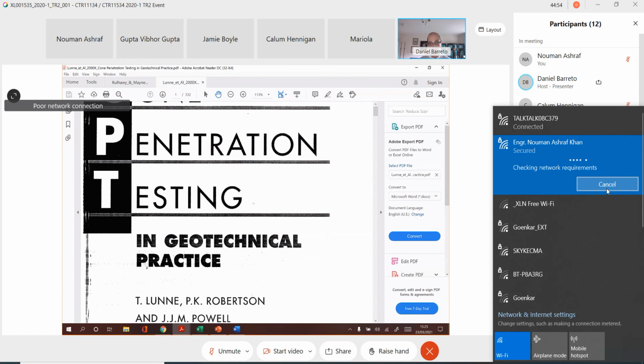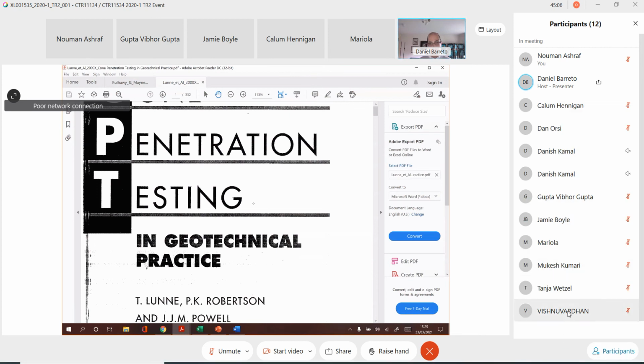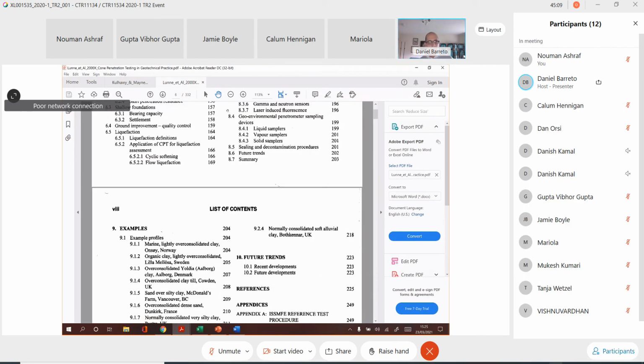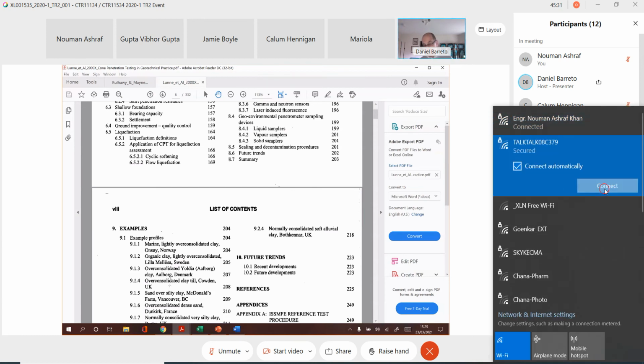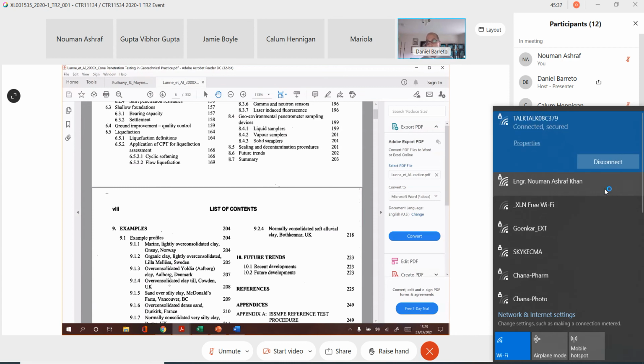Table of contents. Coarse grain soils like sands and so on.